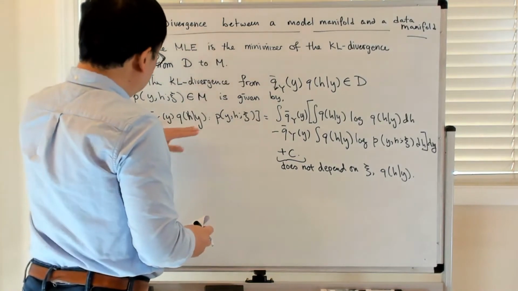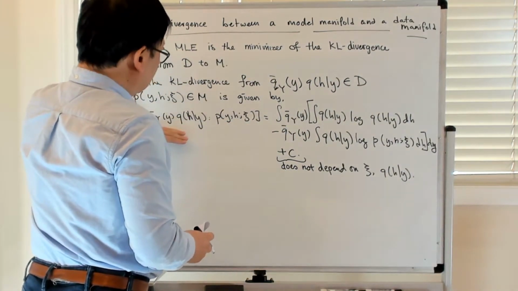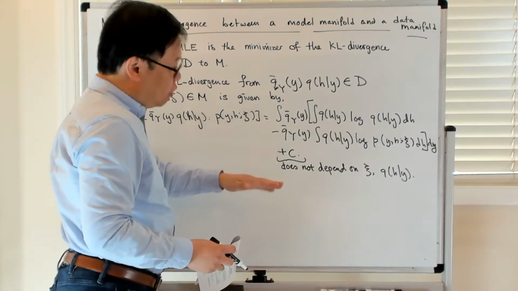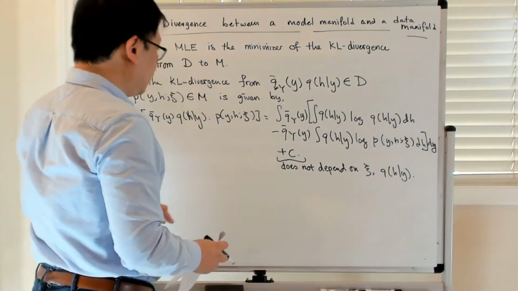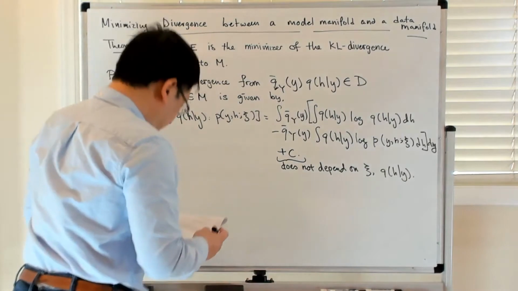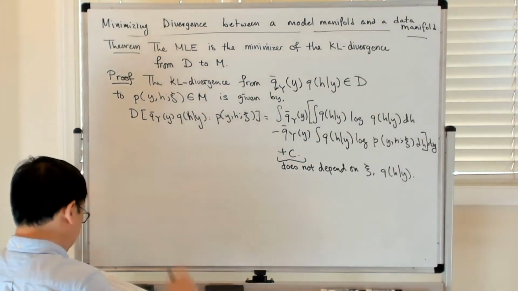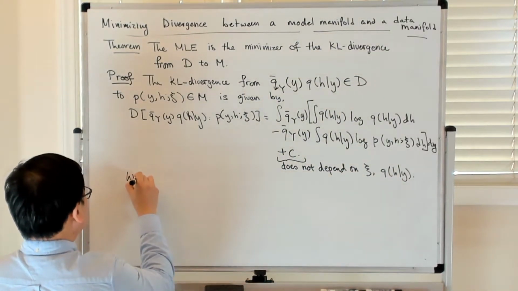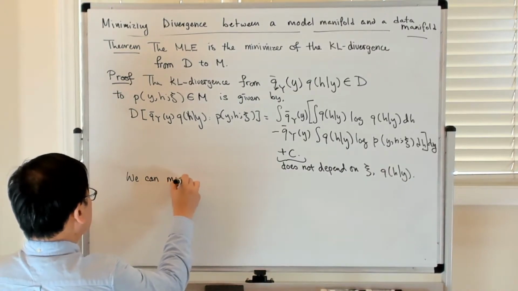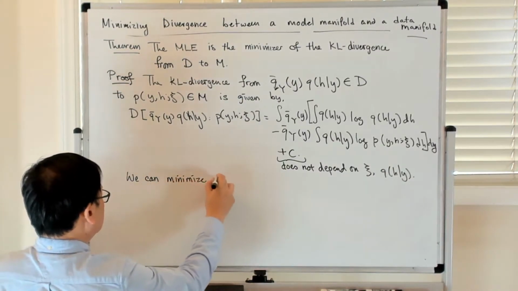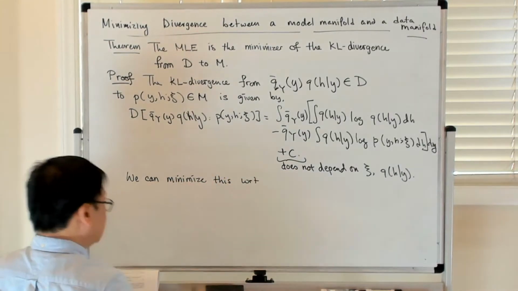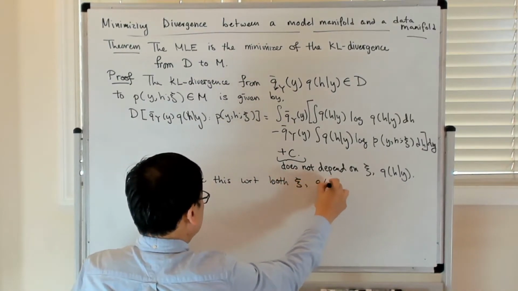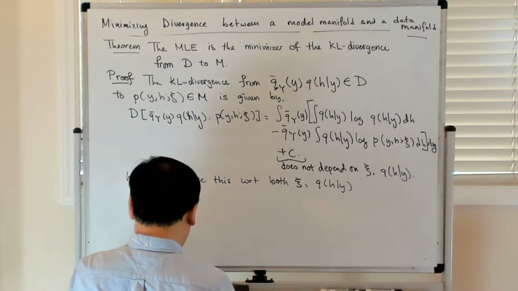So anyhow, this is the KL divergence between these two things, right? And again, up to the term which is an overall additive factor to the KL divergence, so it doesn't affect the minimizer. So you can minimize this with respect to both C and Q H conditioned on Y, right?